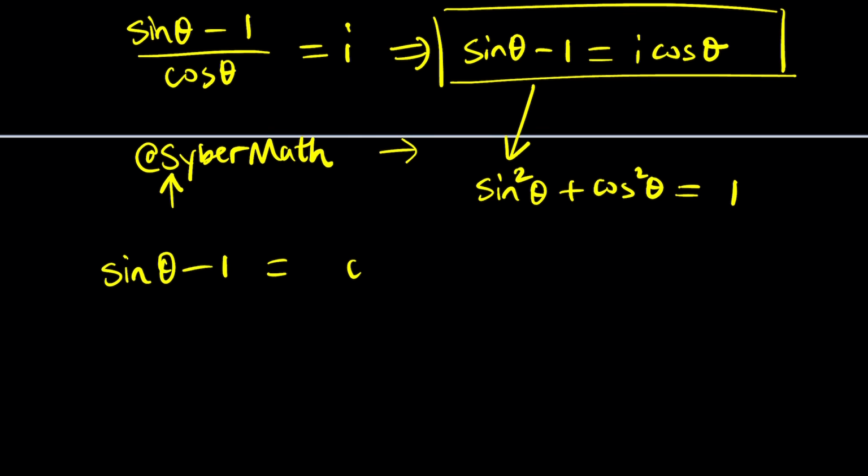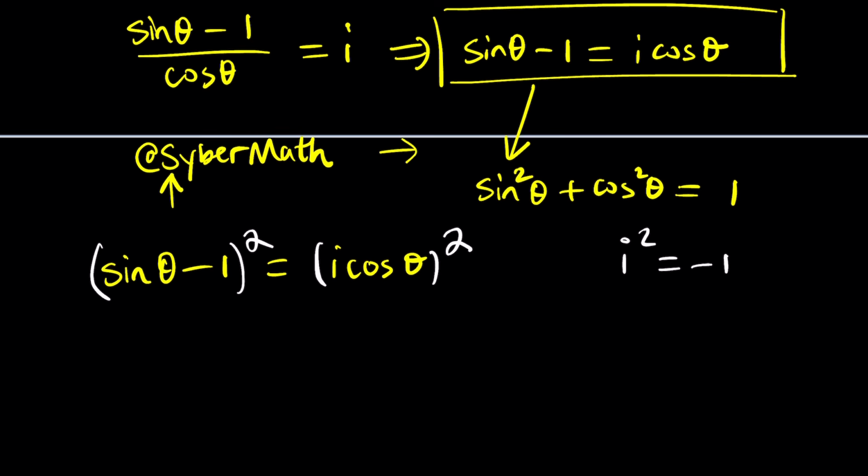So let's go ahead and set those equal to each other one more time and square both sides. If you square both sides, it's going to look like this. You have to be careful though. Like I said earlier, i squared is -1 because i is known as the square root of -1. There are two numbers whose square equals -1, but only one of them is considered the principal square root.